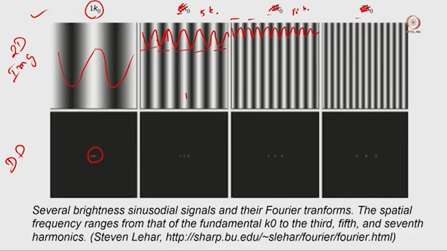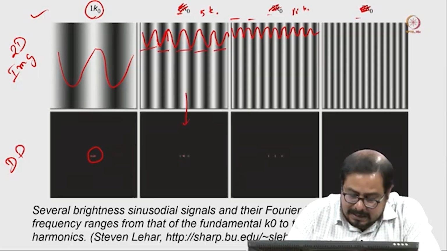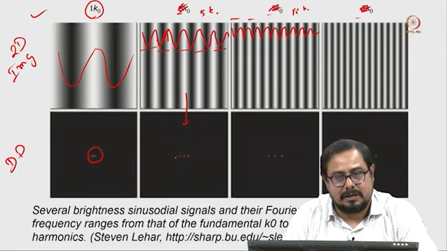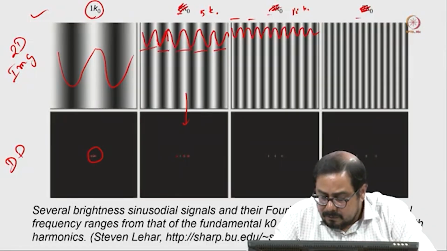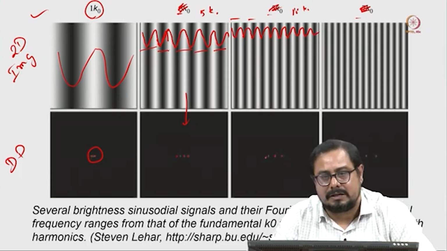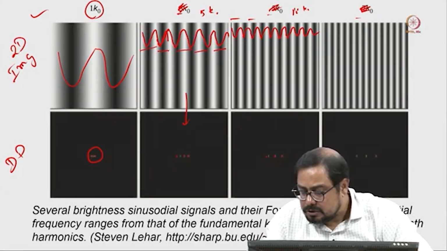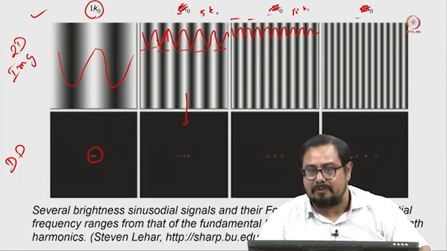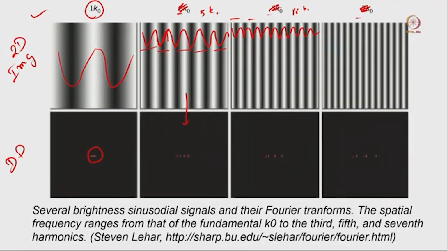If you convert this one also, you can see one bright spot at the center, and on the x axis you will get another two bright spots. Now, if you look at this one, there are two other bright spots here, and so on. You can see that based on the frequency, those spots are going farther away from the center.